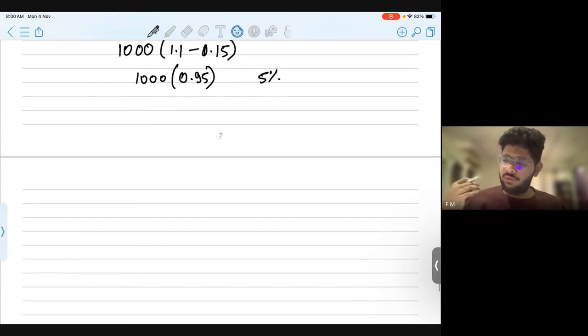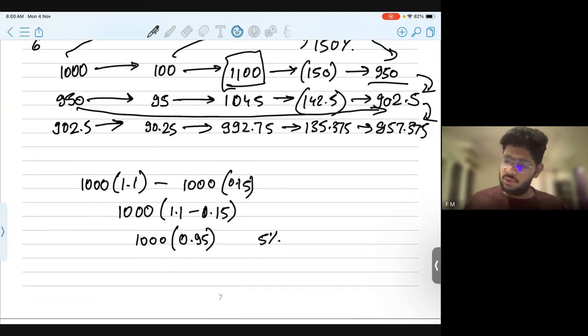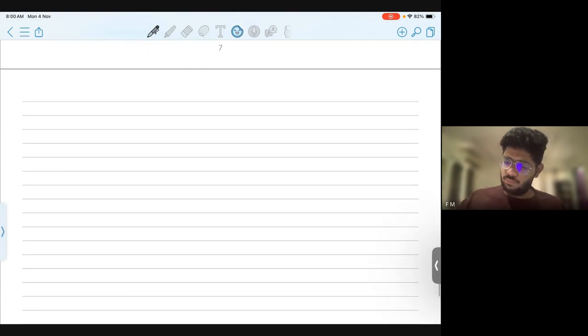And even if you couldn't find that apparent pattern, you should have been able to draw this table properly. Anywho, 1000 into 0.95, this happens for 10 years.